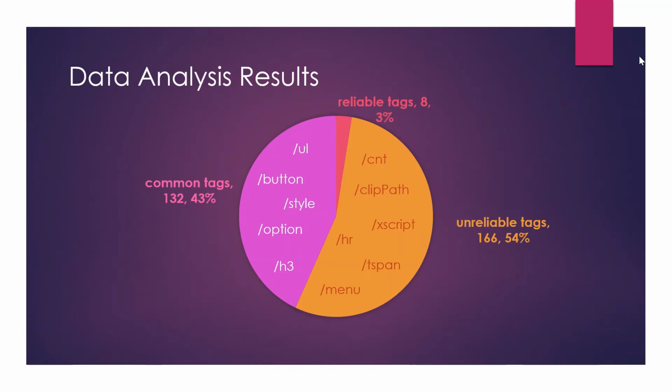This is 54% of all the tags that were obtained from the NELA 2017 dataset that were only used in unreliable sources. Some examples of these tags are count, clip, path, HR, xscript, tspan, and menu. There were also 8 HTML tags that were used only in reliable articles. These tags include image, asset, inline, and custom span.